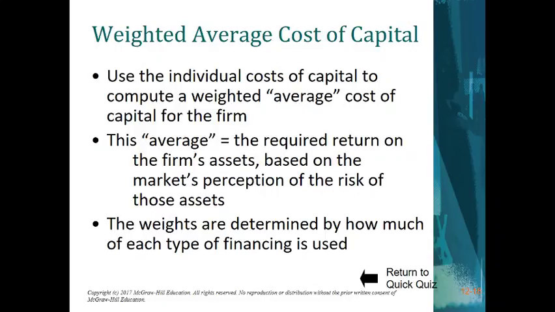And so that leads us to the weighted average cost of capital, which is simply the amount of capitalization you have in both debt and equity. You multiply the weighted average of each to come up with an average cost of capital for the firm.